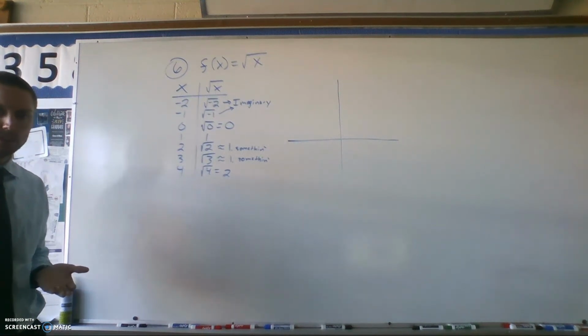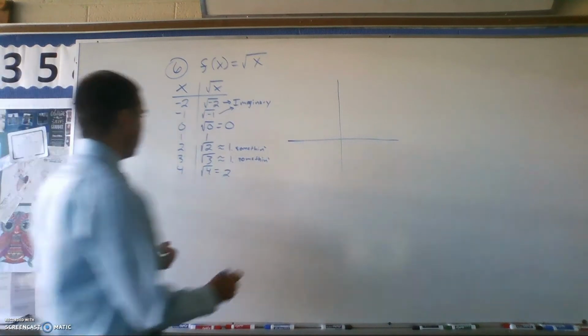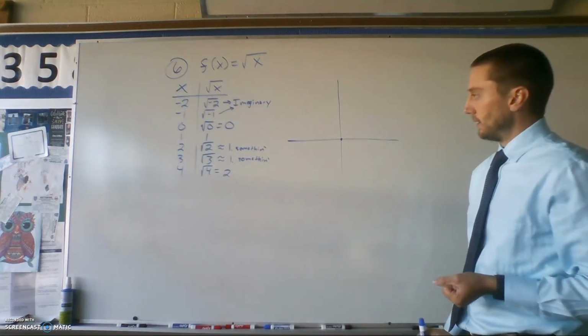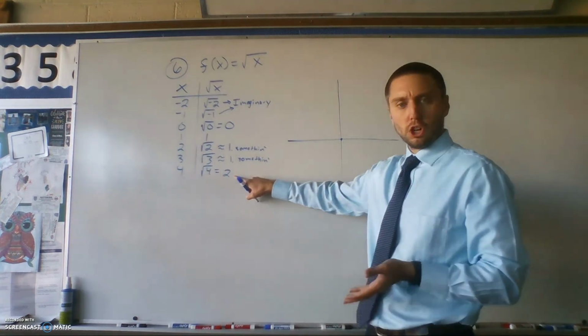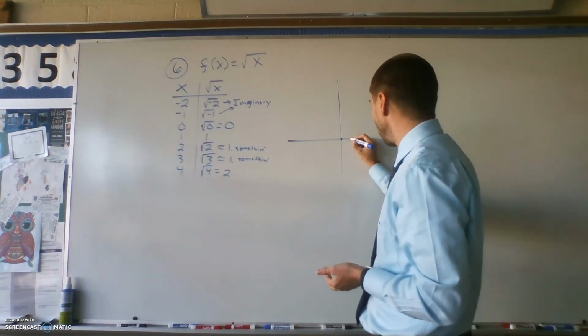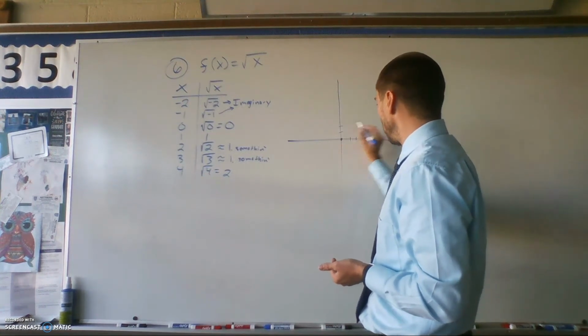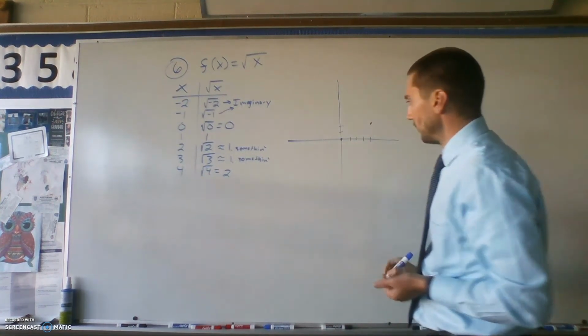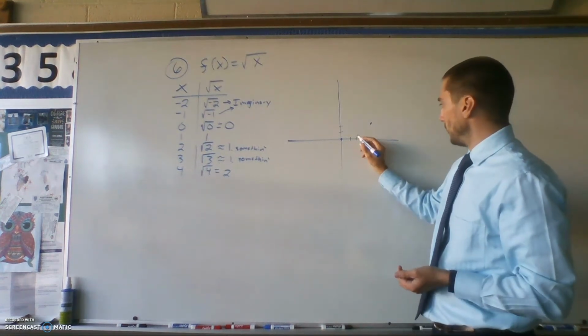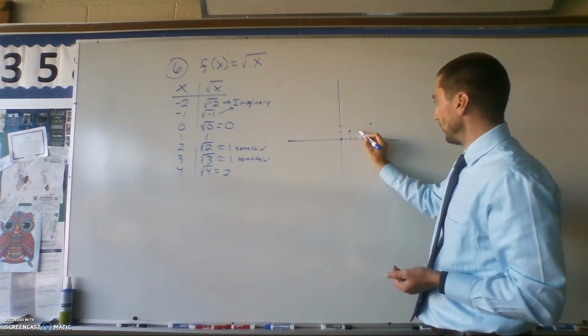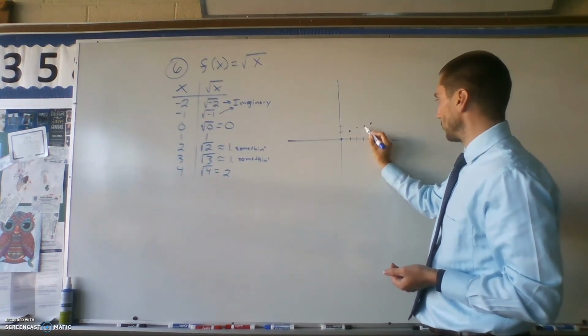But I think we can kind of reason through what's happening here. If I plot these points, the first point I have is at 0, 0. The second good solid point I have doesn't happen until x equals 4. 1, 2, 3, 4. And that gives me an output of 2. And then at 2 and 3, looks like we have 1, 1 is in there. And then it looks like we're just growing really slowly.